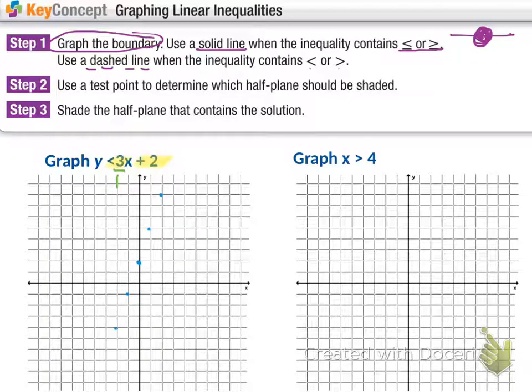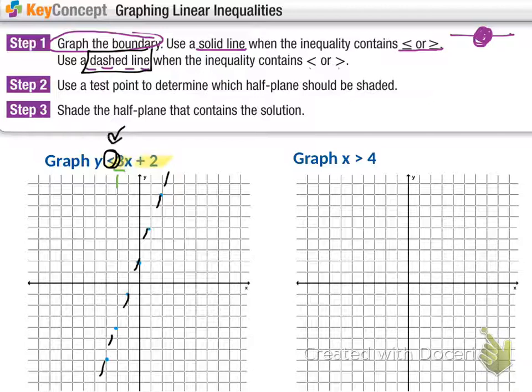And you really need to extend this to cover the entire space of the graph, because that's what we need to use to show the entire solution. Now look at our inequality symbol. What do we have? Do we have an equal sign? No. So we're going to use a dashed line to connect those. That means that it can't be equal to anything on the line.